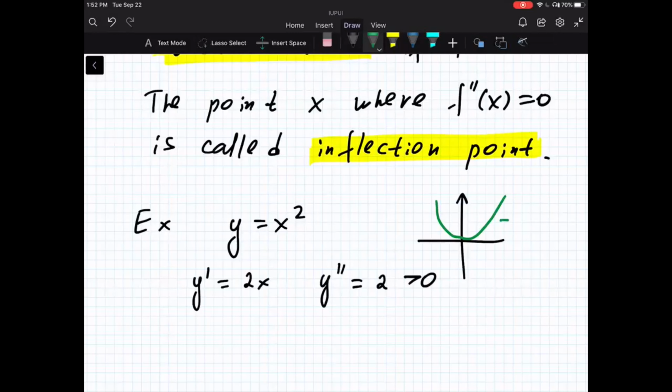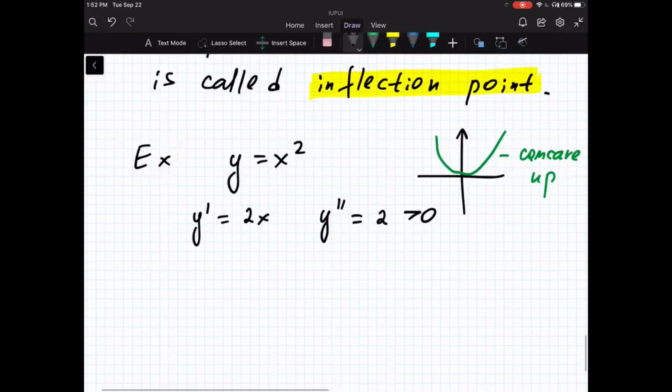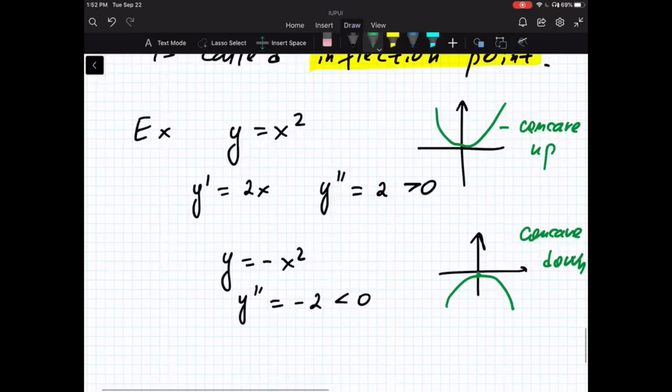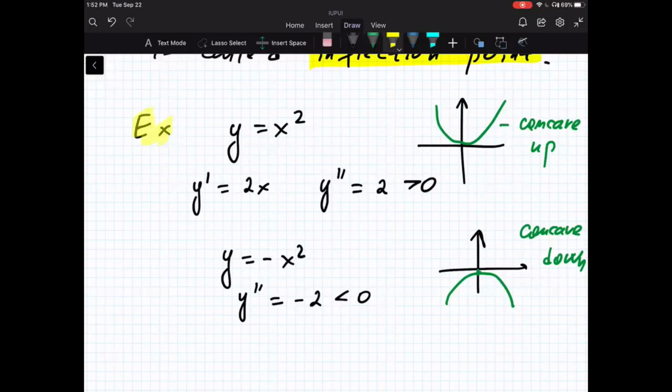So that is called concave up. And the trivial example when it's concave down is minus x squared, because if you calculate the second derivative, it will be minus 2, which is less than 0. And indeed, it will look like this, concave down. It should go through 0. So these are examples of concave up and down.